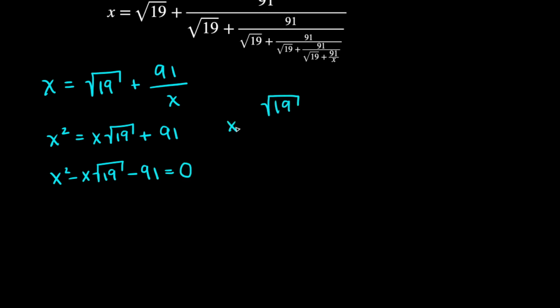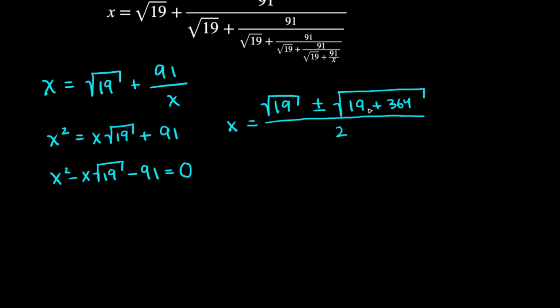So x is equal to root 19 plus or minus square root of this coefficient squared, so 19, minus 4 times negative 91, 364. And of course, we want to divide that by 2 times the first coefficient, so that is just 2.